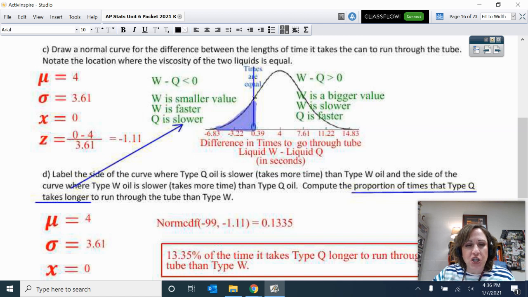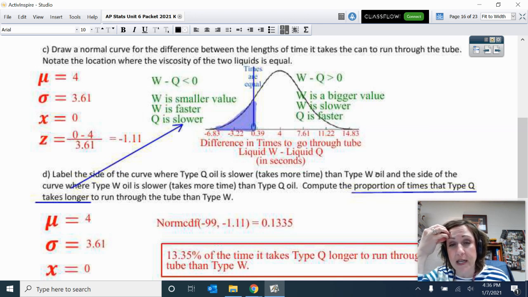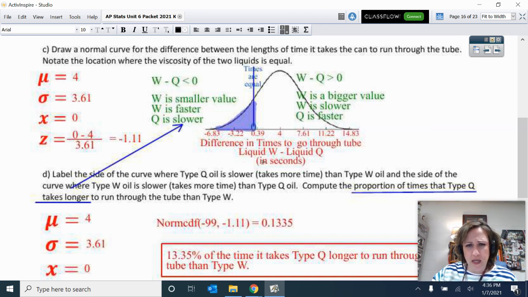Okay. So then part D. Label the side of the curve where Q is slower, takes more time than W. Okay. So Q is greater than W, takes more time. Okay, so let's see. W minus Q. So W minus Q is greater than 0 over here, which means W is a bigger value.